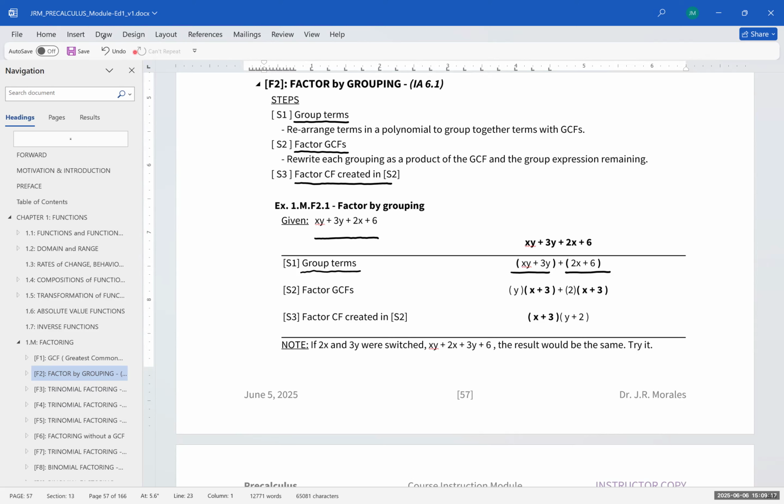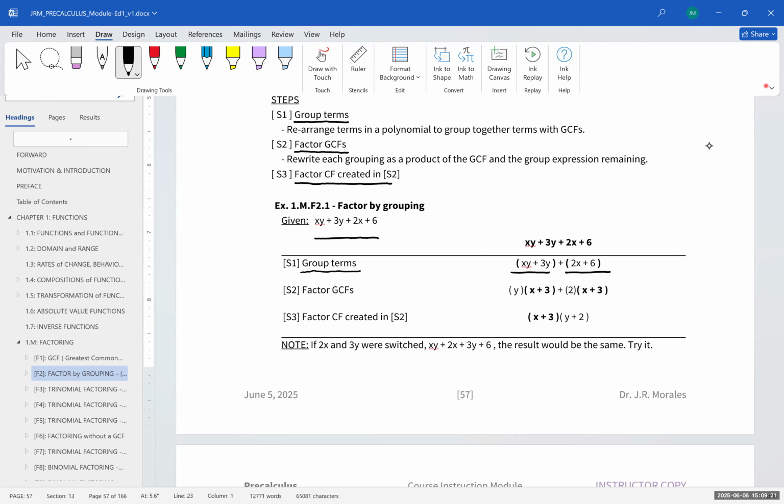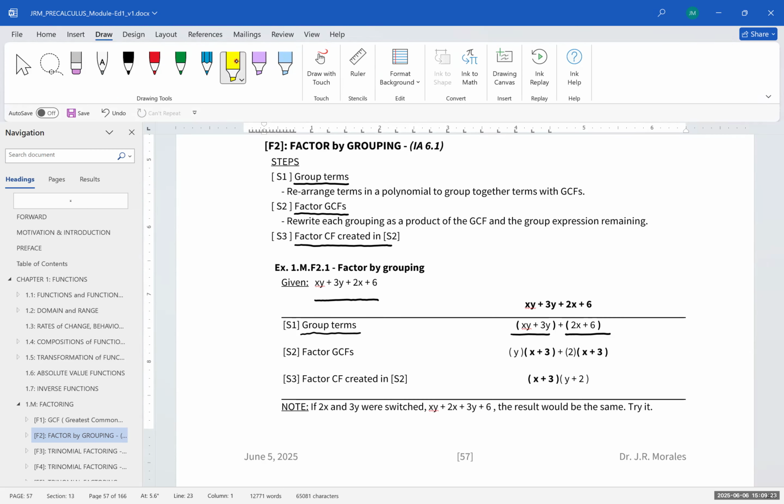If we look at this first group, the common factor between both terms, xy plus 3y, is that both terms have a y in it. So we can factor that y out.